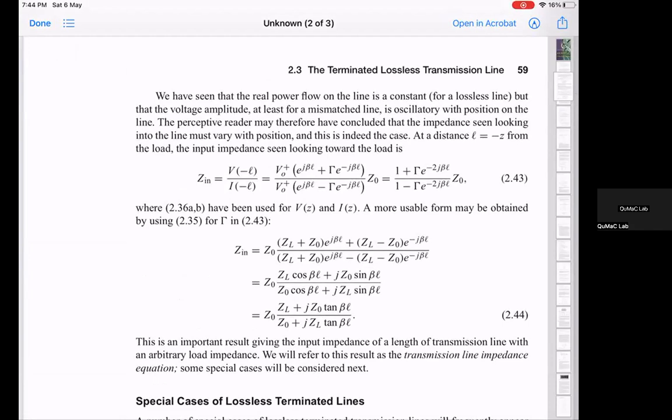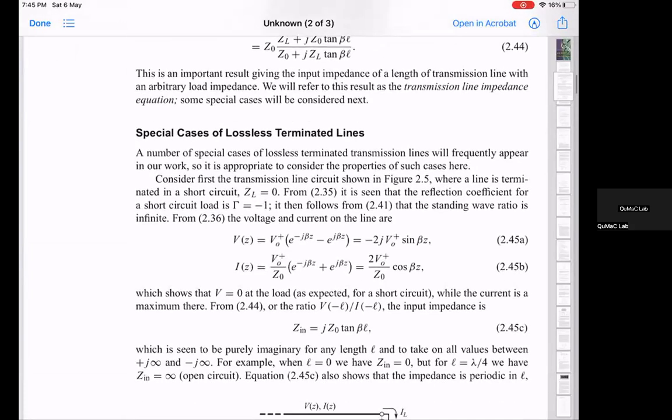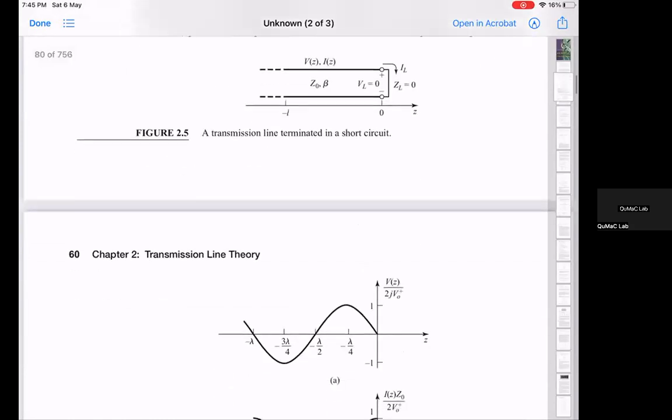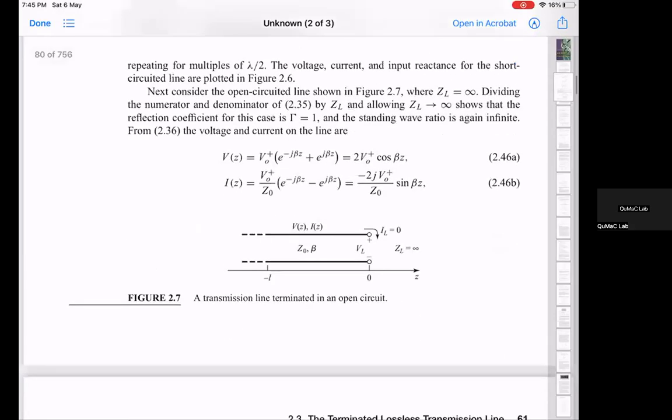And if these are of a particular length, then you get some special case results, quarter wave and half wave. Those things we have seen, which is then followed up by section 2.5 on the quarter wave transformer itself.